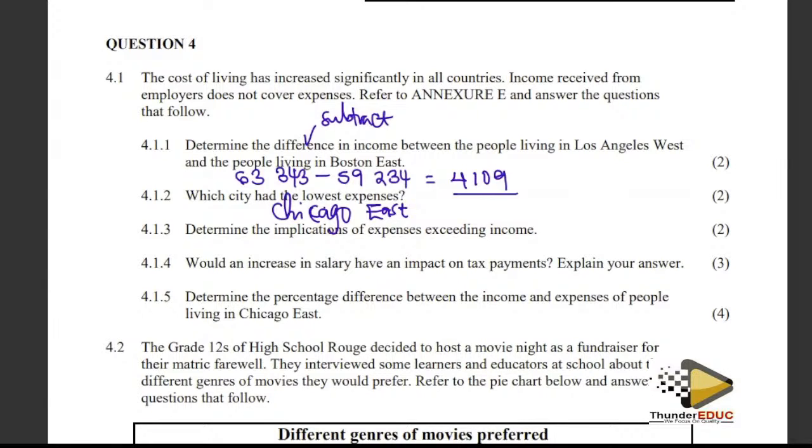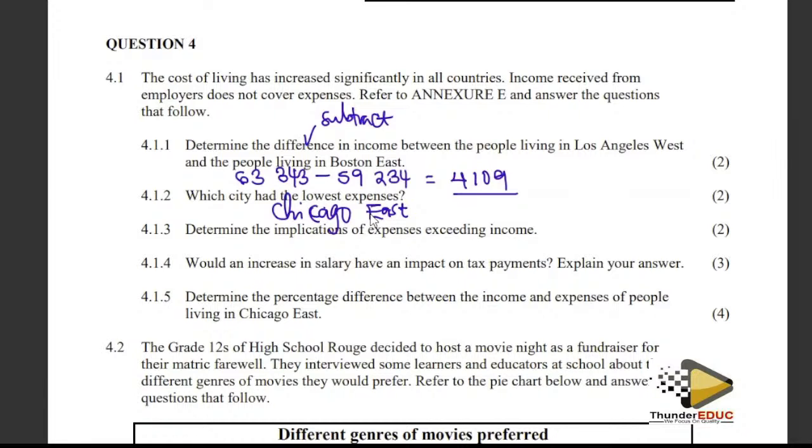People need to cut down on certain items. This is just determine the implications of expenses exceeding income. People might also make losses, you know.